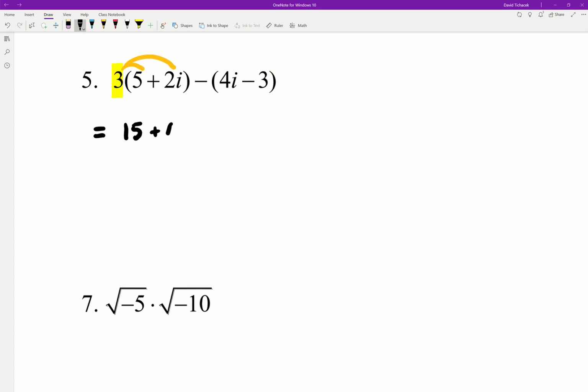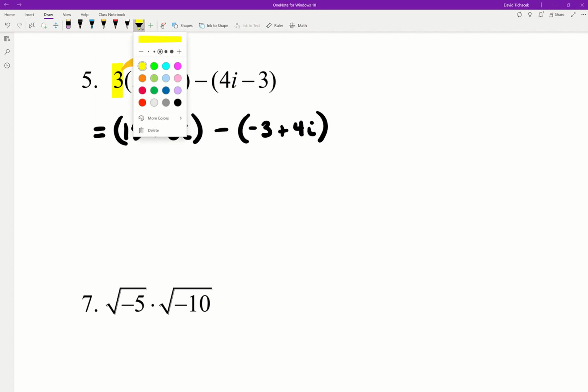We're going to say 15 plus 6i as that first complex number, and you'll notice that we use some parentheses to say that I'm dealing with one complex number minus a second complex number, which in that second one here is not written in the form that we prefer. It's written in the form bi plus a, but remember, we don't want that form. We want a plus bi. So I'm just going to flip that around and call that -3 plus 4i, just so we can look at that as a complex number.